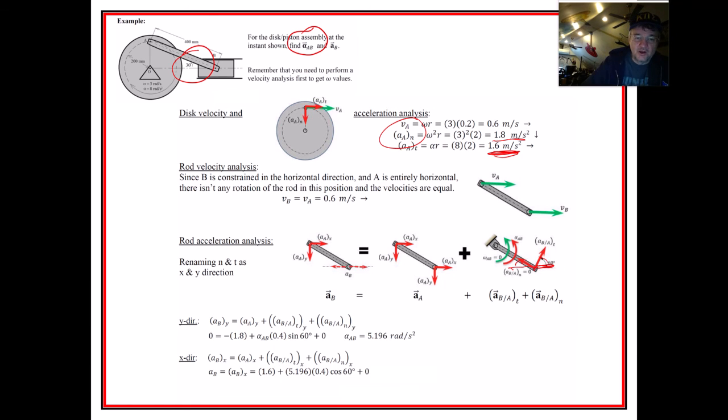And I put a 0 in here to remind us that the normal acceleration was 0, because we found from here that there was no angular velocity. So we're able to find the value, and it's a positive value. All the other things were positive, so that's the answer.